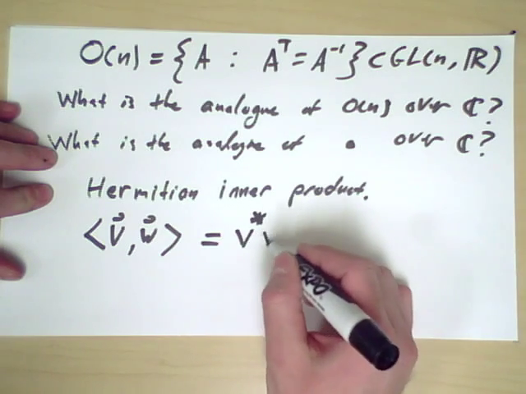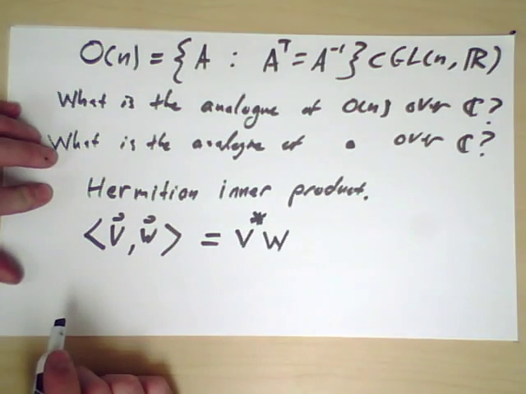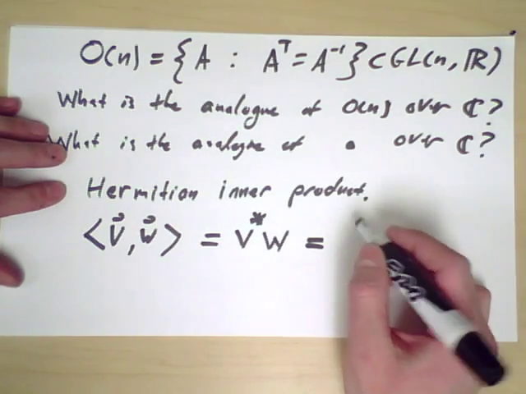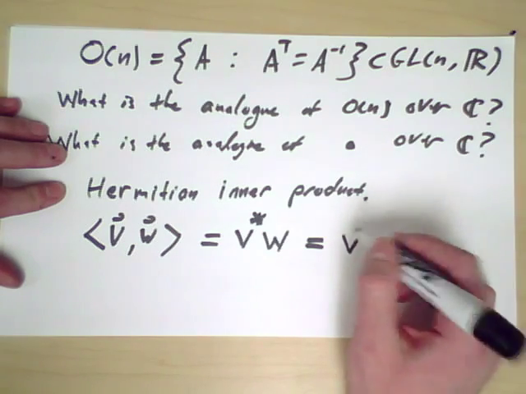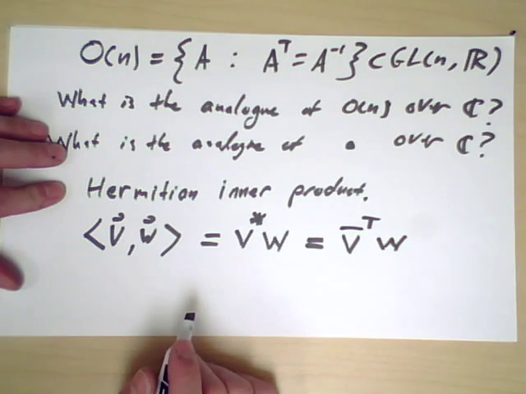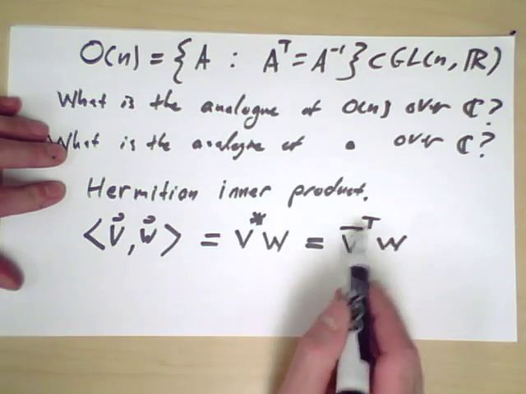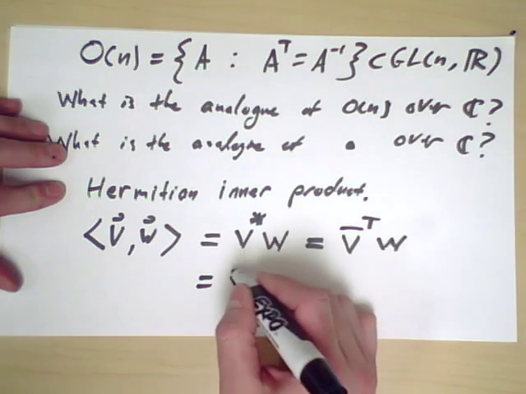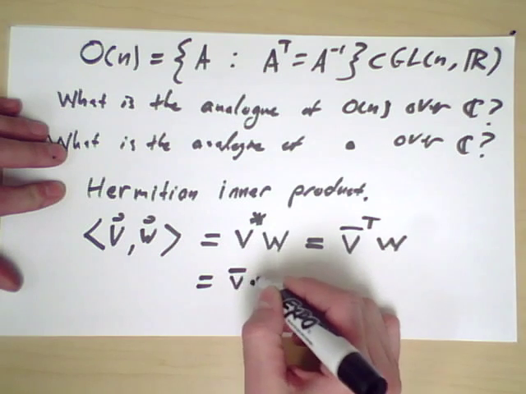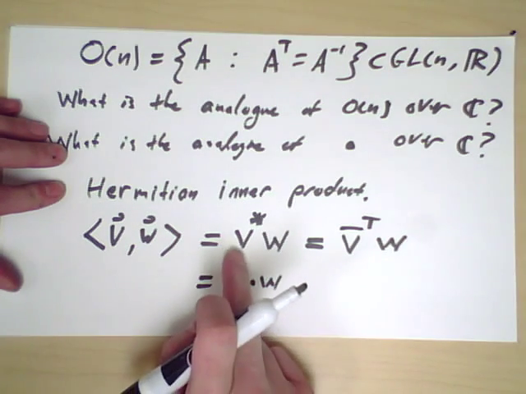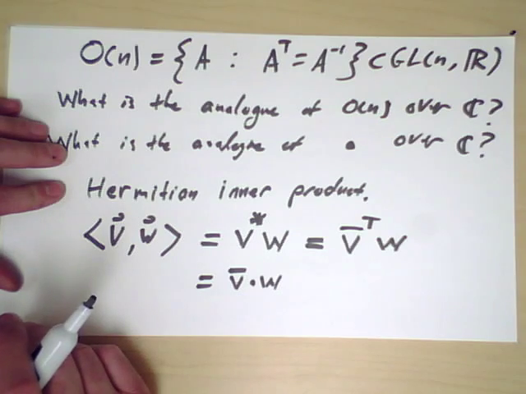Either we write V star W, invoking the transpose notation from orthogonal matrices, or, more precisely, V bar transpose W, where V bar is the complex conjugate, and star simply means transpose bar. Or, more succinctly, one could write V bar dot W, where dot is the traditional dot product that we used before. We'll stick with the V star W notation because it's most convenient and most brief.